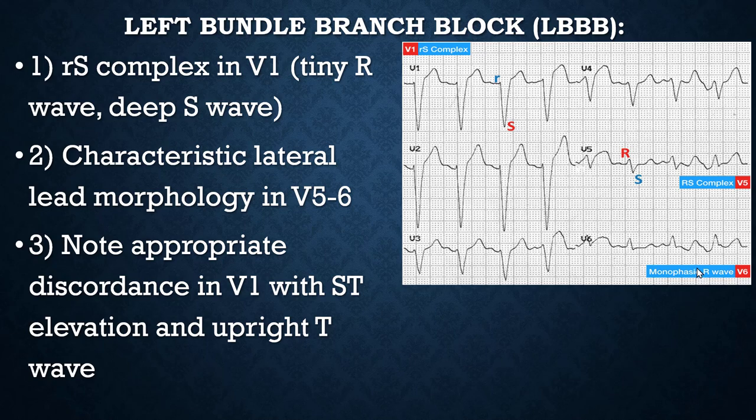Note appropriate discordance in V1 with ST elevation and upright T wave. In V1, you can see that there is ST elevation and upright T wave. Here you can see a notched R wave.